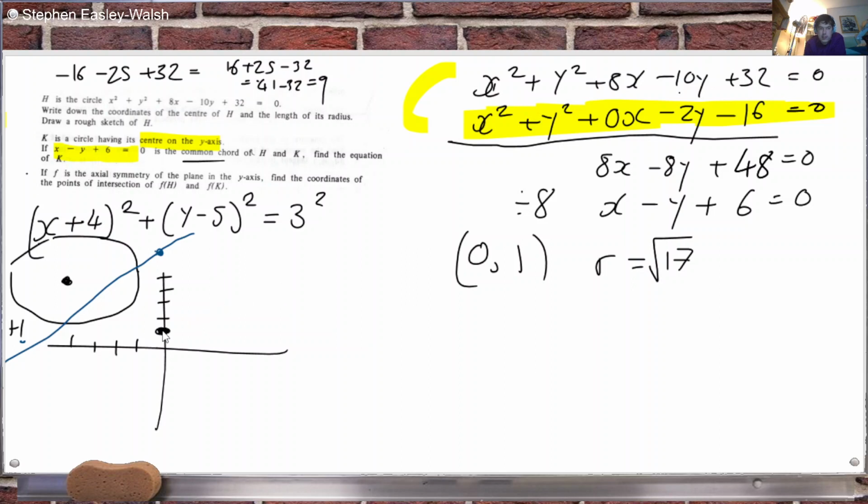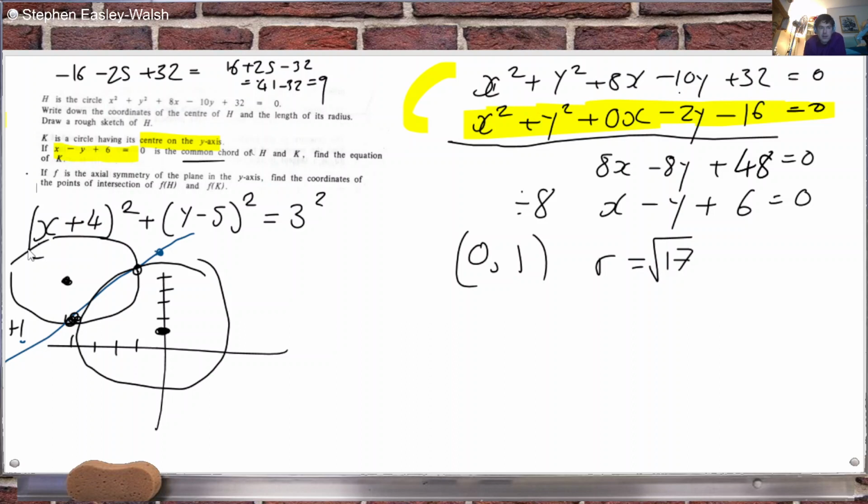So look, something kind of roughly like that. Okay, if F is the axial symmetry of the plane in the y-axis, find the coordinates of the points of intersection of FH and FK.